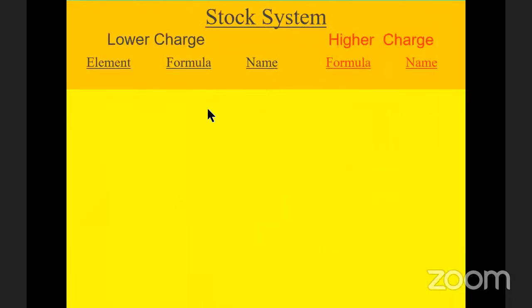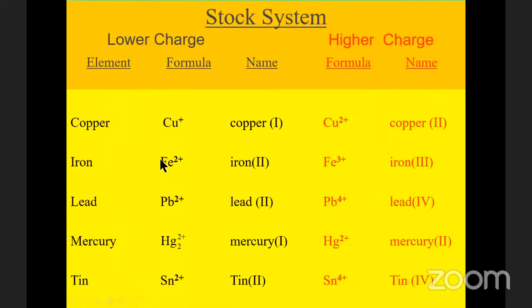So here are some examples of different ions, ions of the same element that carries different charges. So copper can be expressed as an ion as either the one carrying the +1 charge or the other one carrying the +2 charge. The one that carries the +1 charge is known as copper(I). The one that carries the +2 charge is known as copper(II). There are also two types of iron ions, such as the Fe2+ and Fe3+.